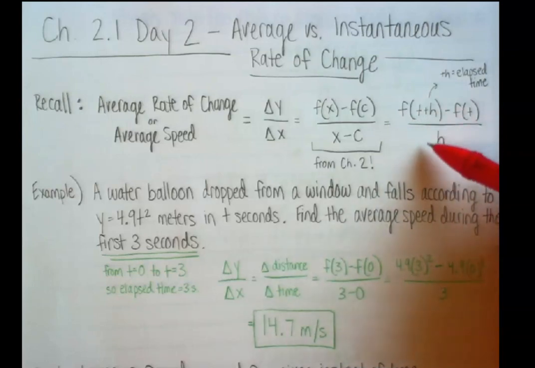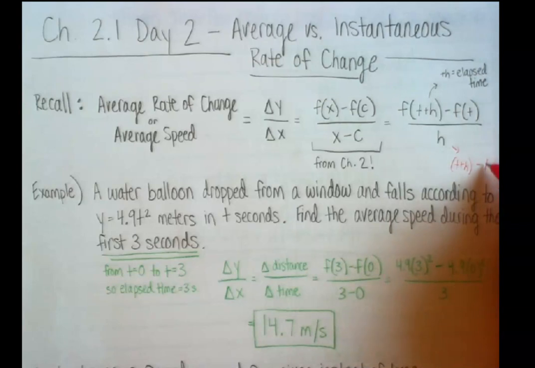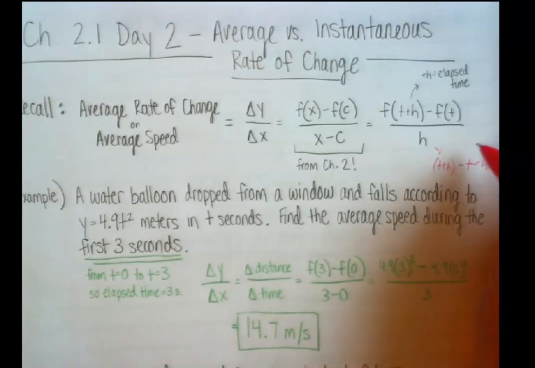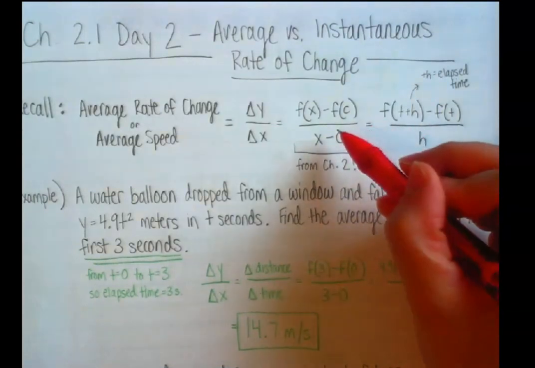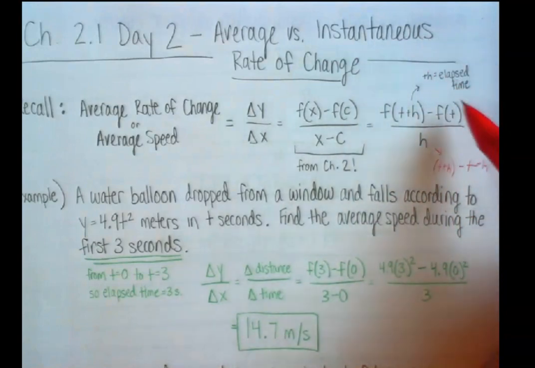The reason the denominator is just h is because technically you're doing t plus h minus t, which would just give you h. So really the same general formula, but when we start talking about instantaneous rate of change, this is the formula we're going to want to use.